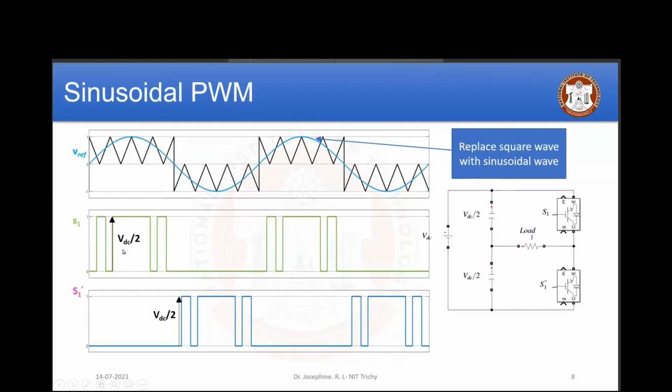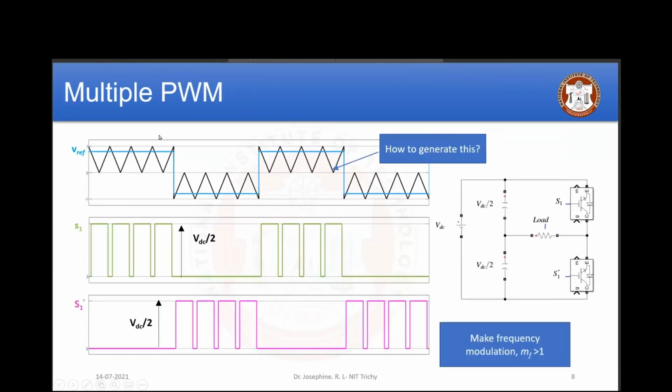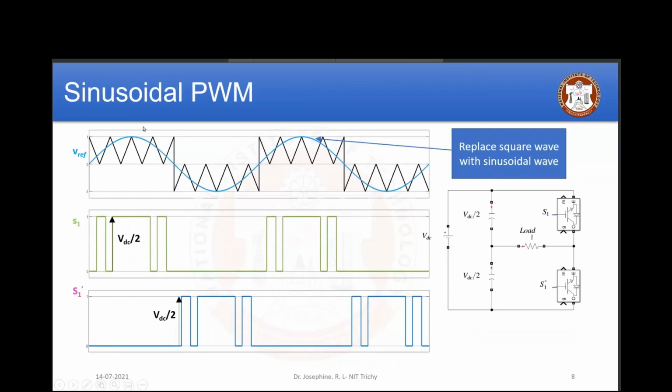So in a normal basic pulse width modulation, all the widths are equal in size. But if you see the sinusoidal pulses, you are going to have variable pulses here. But it has some advantage if you go for a higher switching frequency. You'll see that.